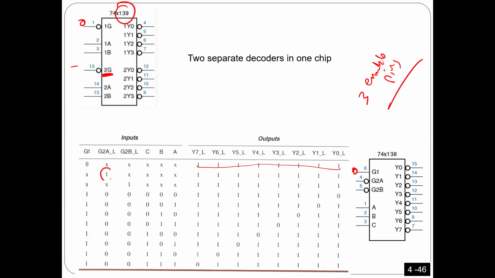If I disable this one, I put 1 here, which is G2A. If this pin is disabled, regardless of what you have in the other pins, it's not going to work. One more thing. If this one is disabled, if I put 1 here, it's the same thing. Everything is disabled. You can tell from the table.